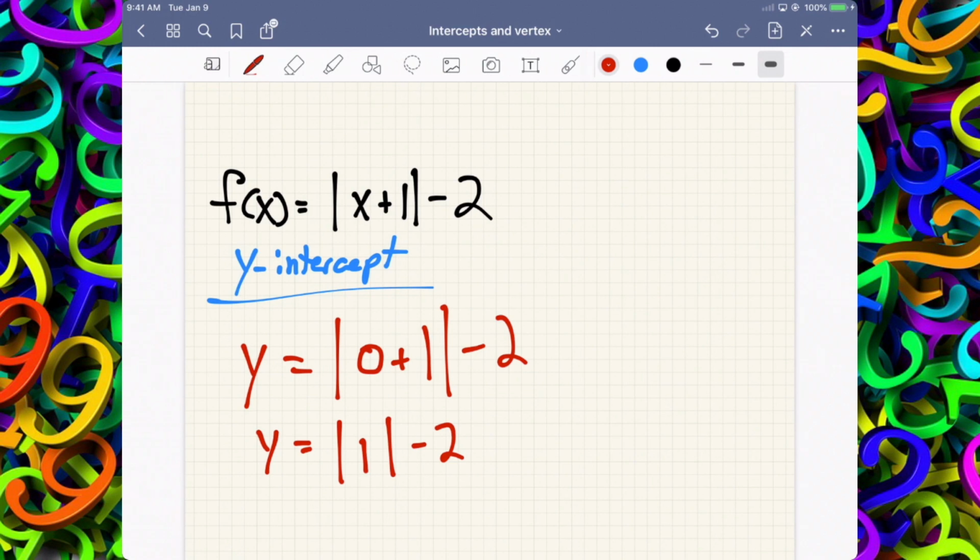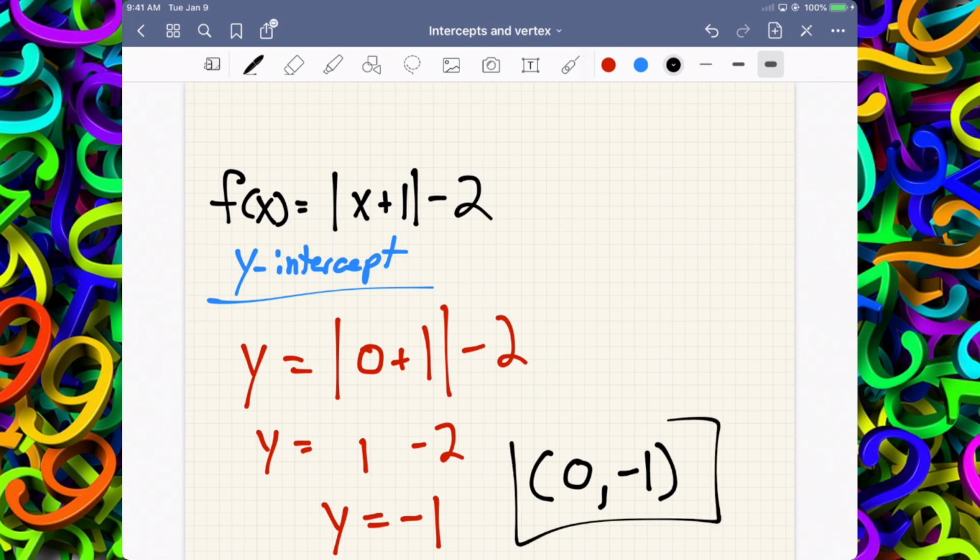The absolute value of 1 is just 1. And we get 1 minus 2, which is negative 1. So this is our y-coordinate of our y-intercept. But remember, our final answer is a point where 0 was used for x and -1 is y. So that is our y-intercept.